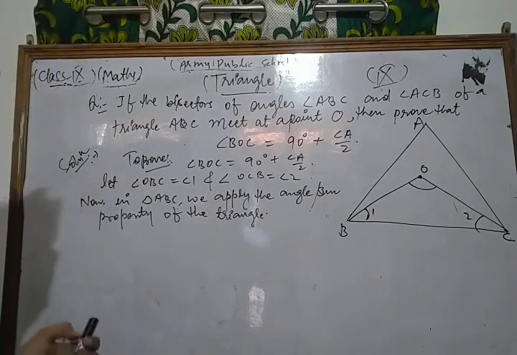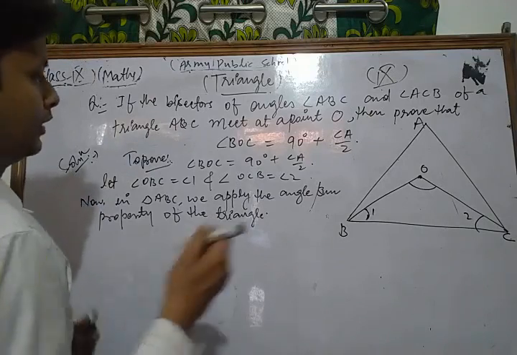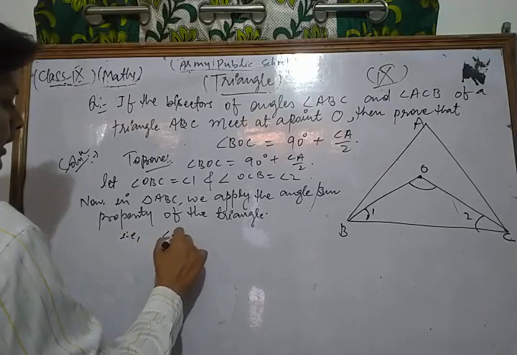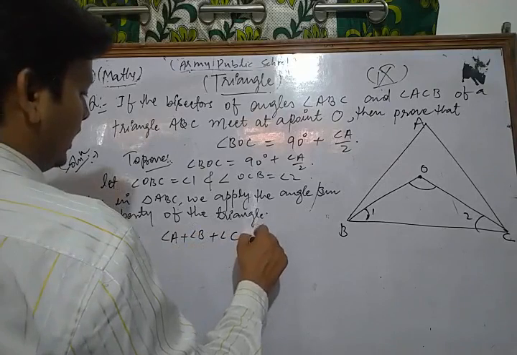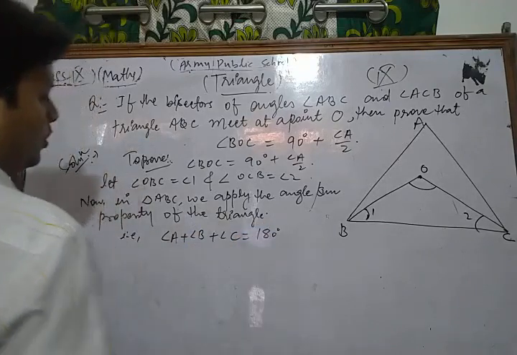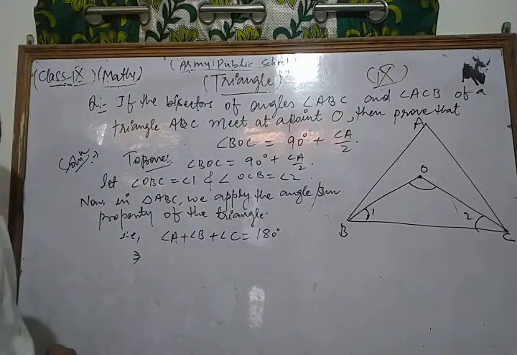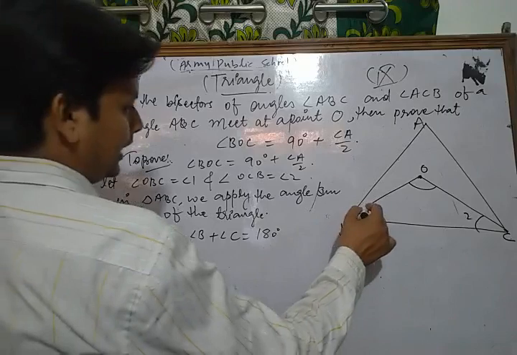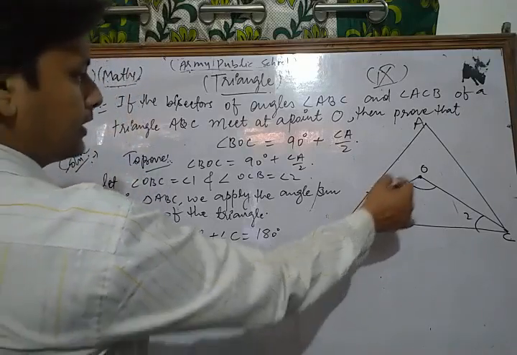You know that the sum of all interior angles of a triangle is 180 degrees. That is, angle A plus angle B plus angle C is equal to 180 degrees. Now we have angle A plus, we can write angle B as 2 times angle 1 because OB is the bisector of that angle.